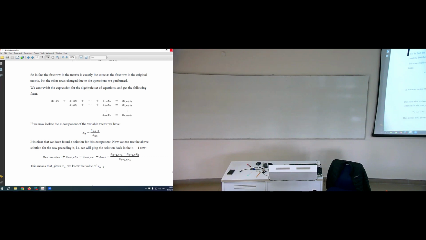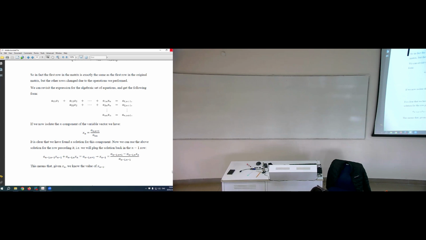So here we have a_{n-1,n}, because we're talking about the n minus 1 row, multiplying x_n, equals the n minus 1 coefficient in the constant vector, the new vector. And then x_n will be dividing something by the diagonal term corresponding to it.